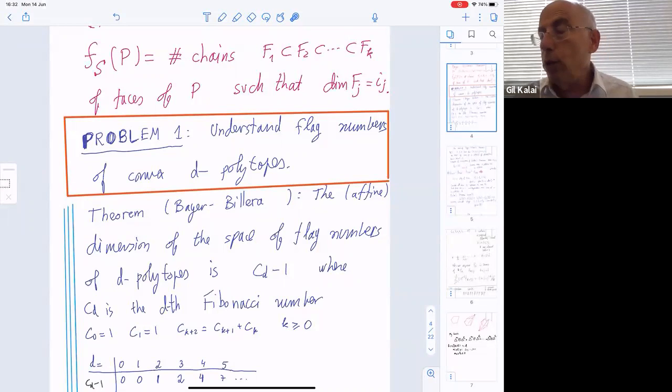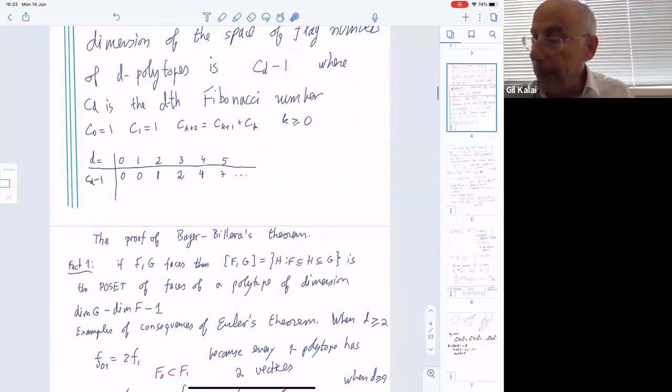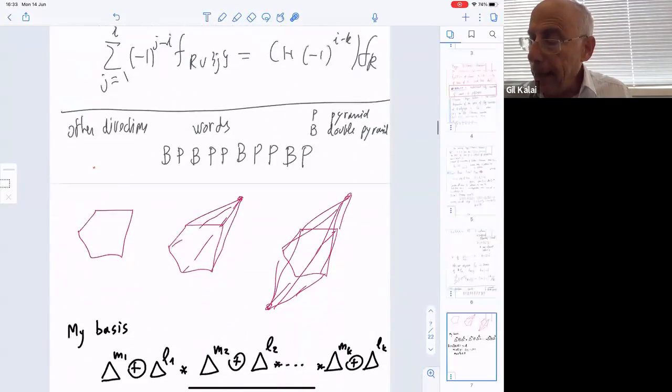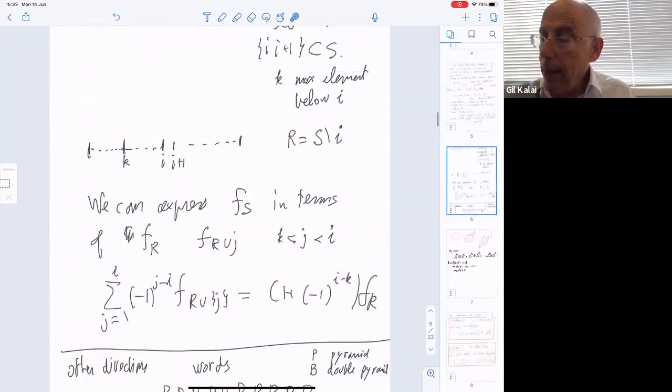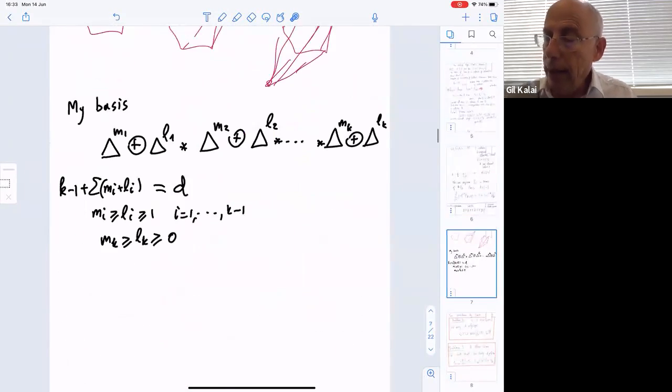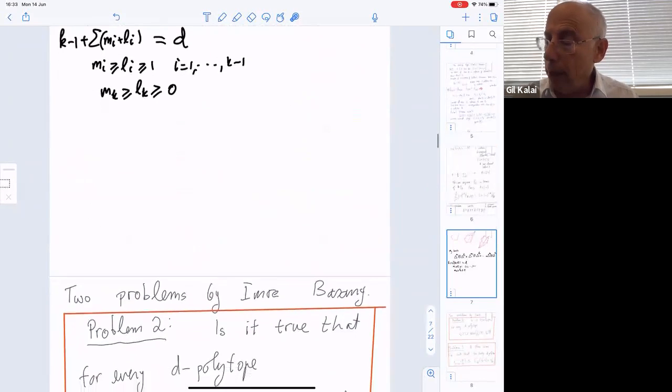I think we don't expect to have full understanding even of the linear inequalities, but we would like to have better understanding. I'll mention later how we get some interesting inequalities.